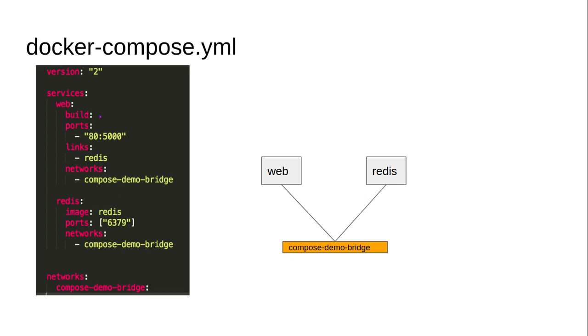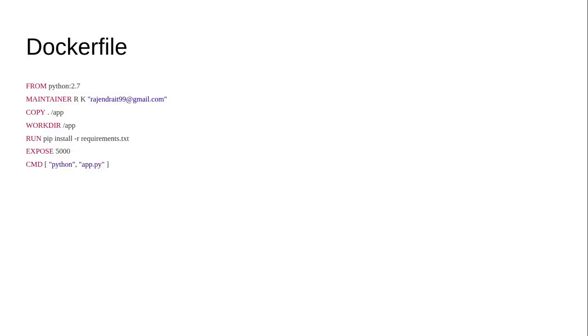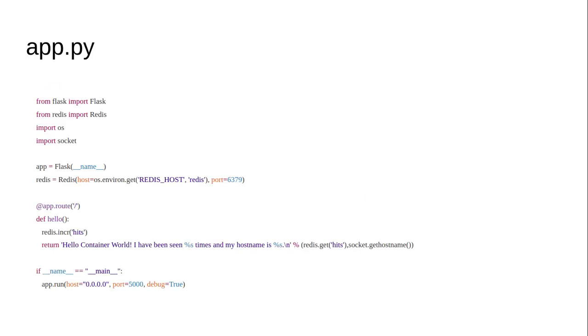So we talked about this YAML file. Now let's talk about the example that we are going to take to understand Docker Compose. Let's go back and see the application.